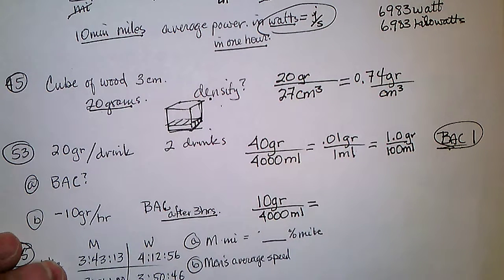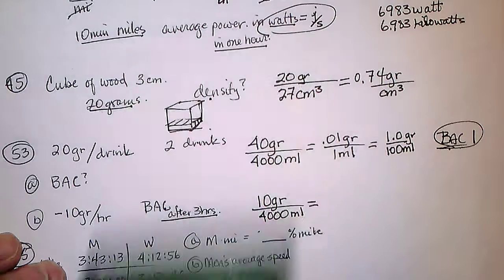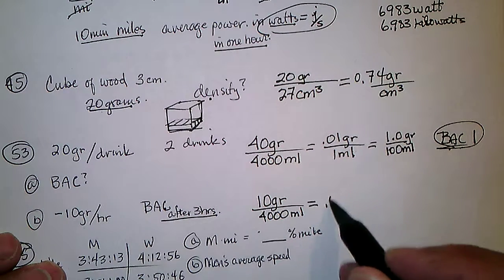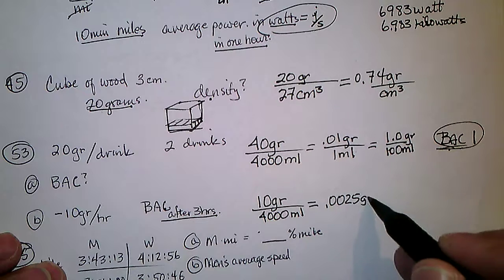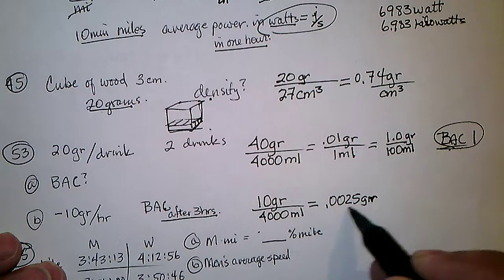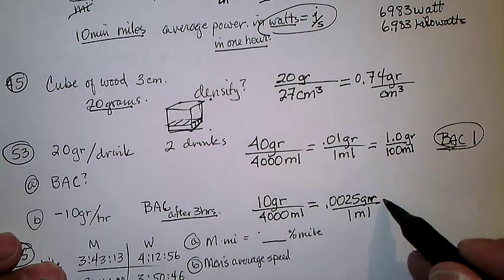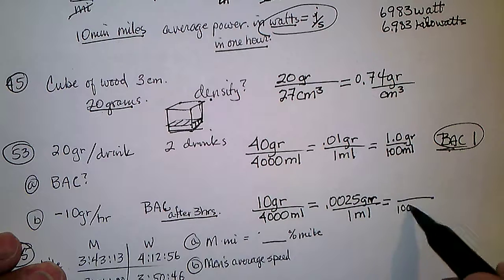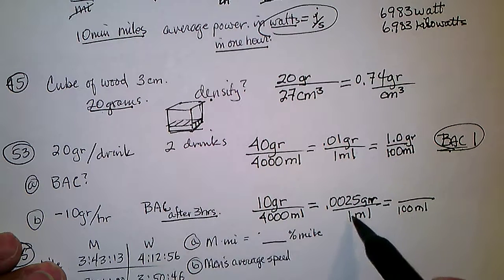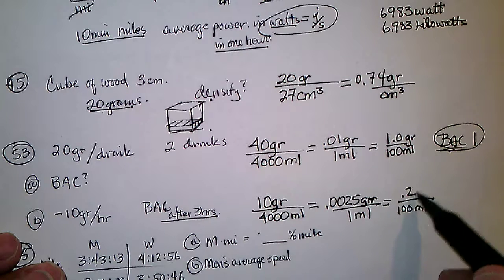So if we divide those, we get 10 divided by 4,000, which is 0.0025 grams per 1 milliliter. But the blood alcohol is per 100 milliliters. So once again, we need to multiply by 100, and multiplying this by 100 becomes 0.25.